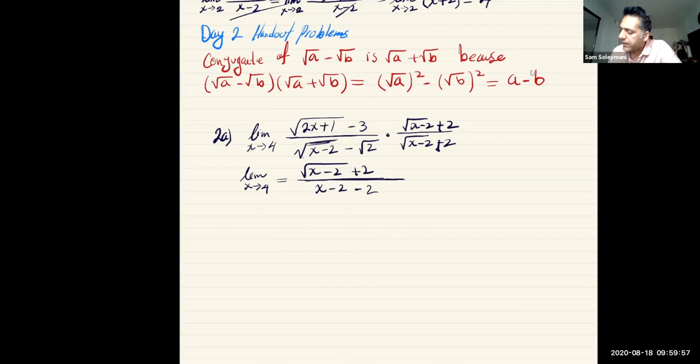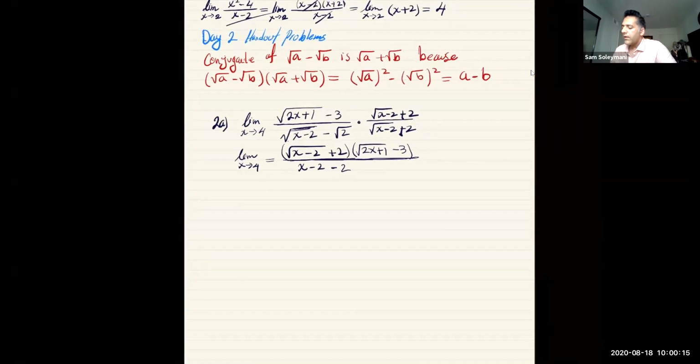I am writing this term first, and then write the next square root group, square root of 2x plus 1 minus 3. And this is, of course, x minus 4. So we do still have that 0 in the denominator, and this is still going to be 0.